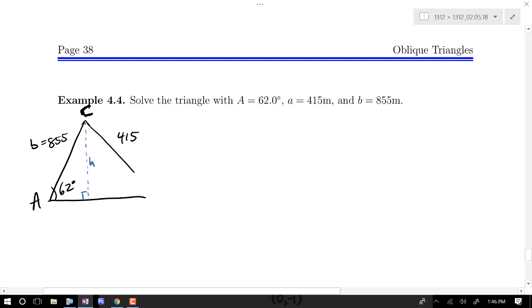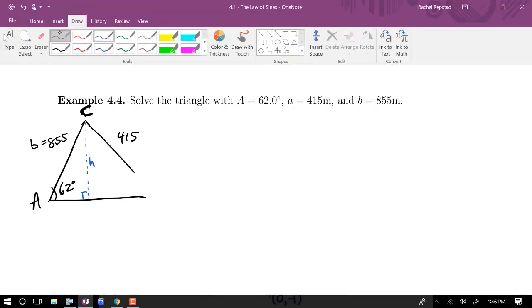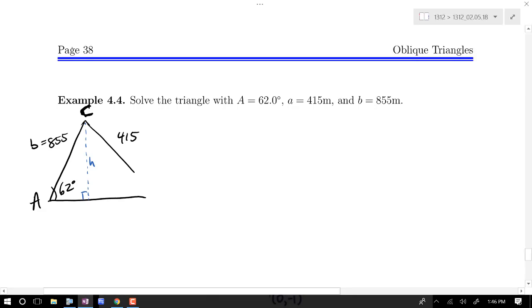All right, so there's H. How do we find H? Sine of 62 degrees is H divided by 855.